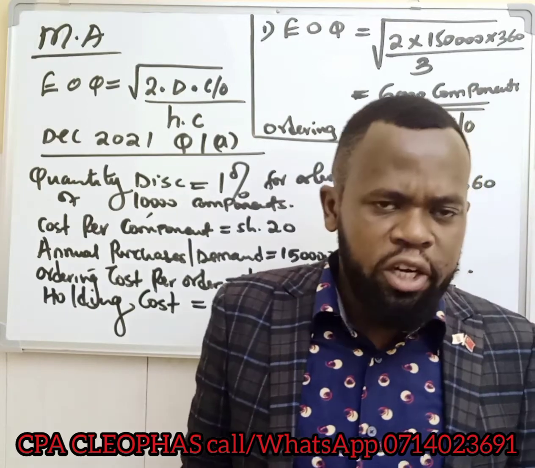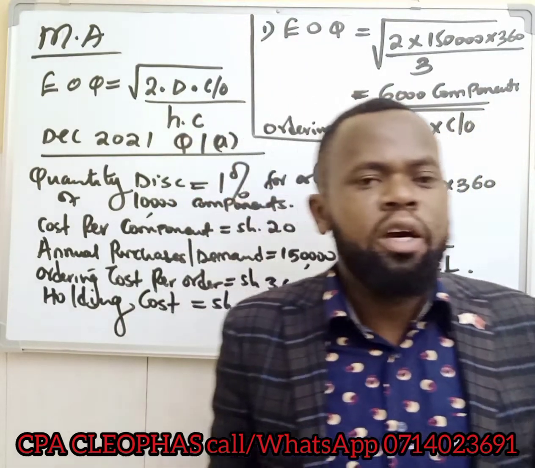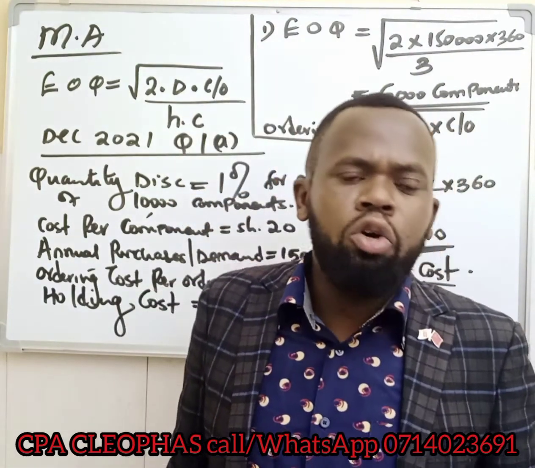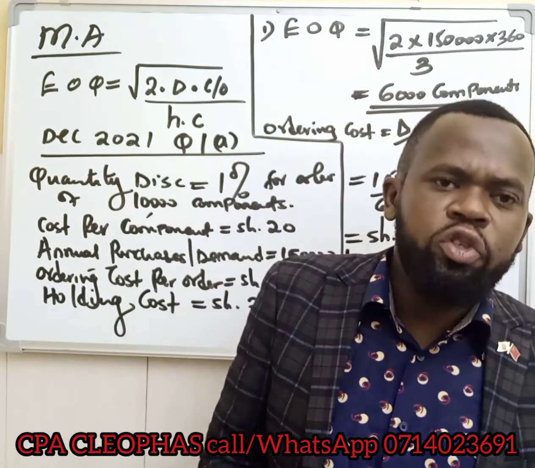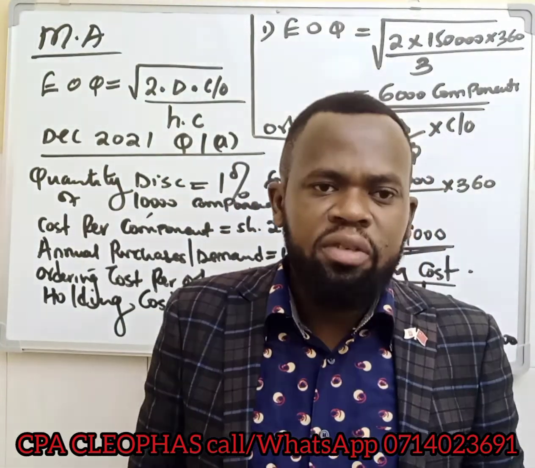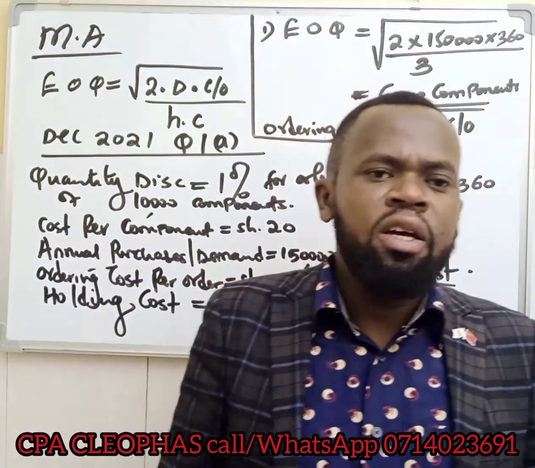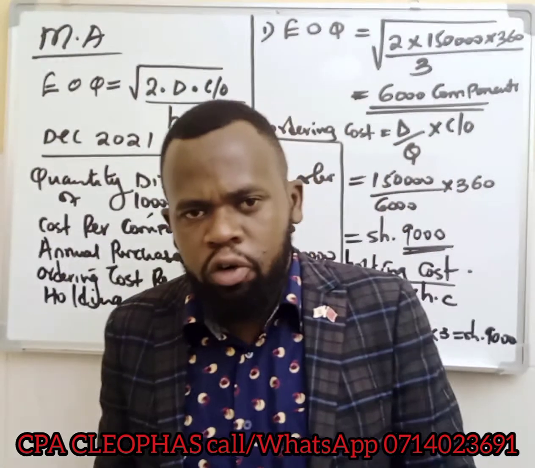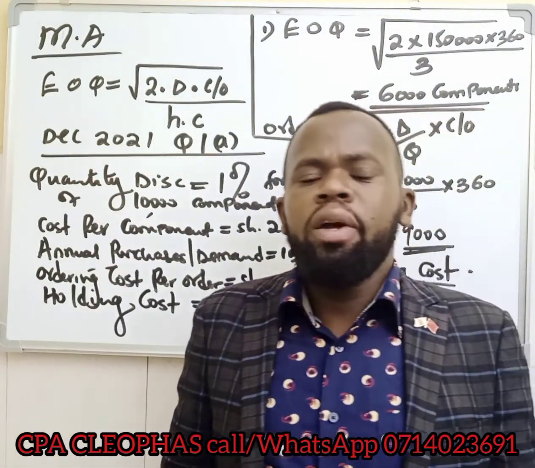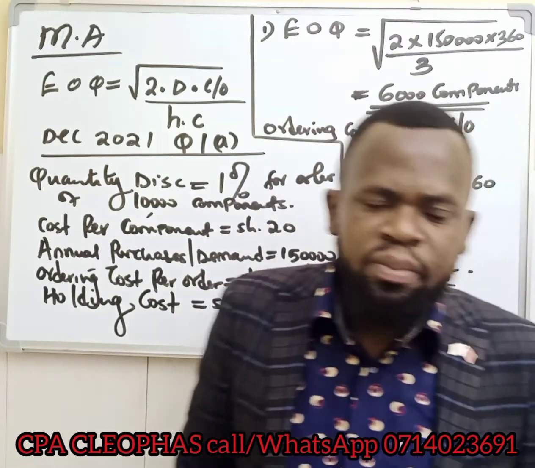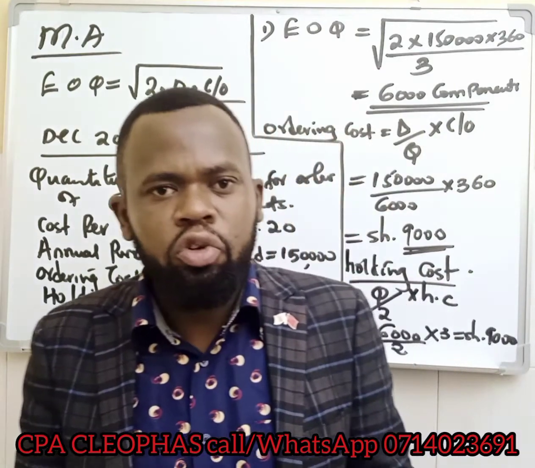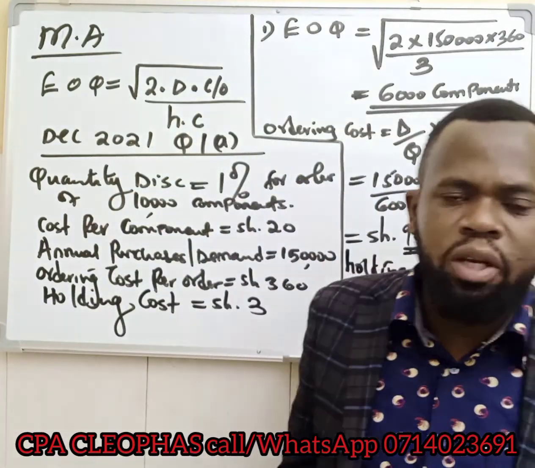Because of the discount aspect, the purchase cost becomes a relevant cost in making such a decision. So total cost is a combination of the purchase cost plus ordering cost plus holding cost when there is a discount. Whenever there is no discount, total cost is a combination of the ordering and the holding cost. We consider the purchase cost as irrelevant, since it is a cost which must be incurred.